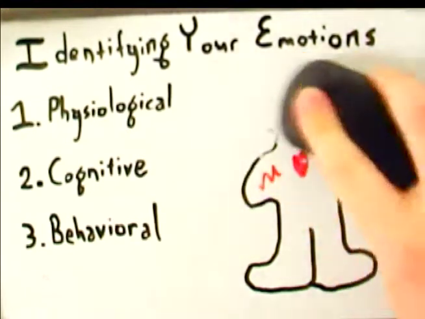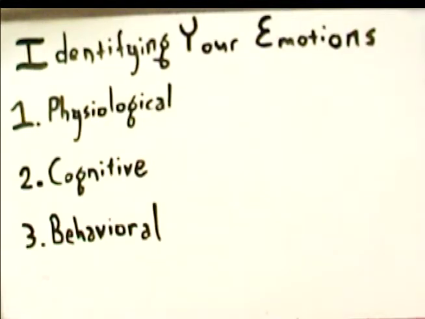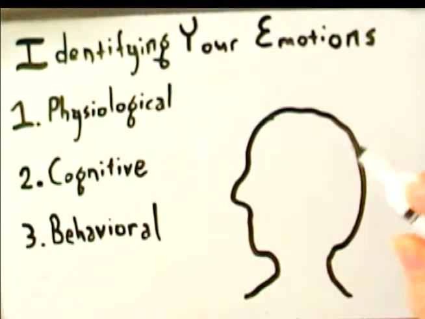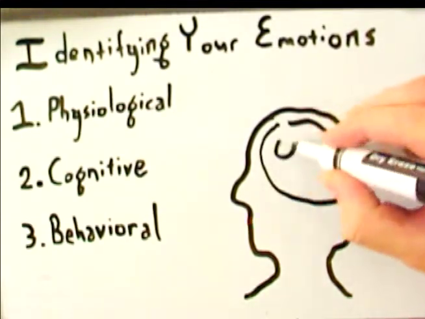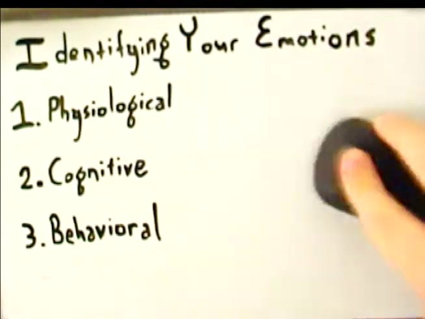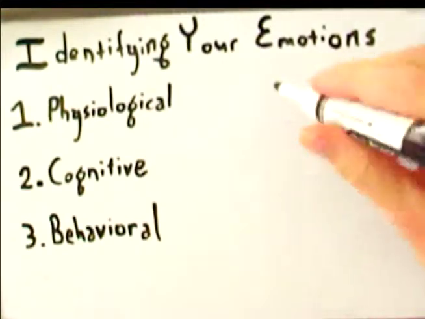Okay, so some cognitive things that we might experience are, let's say we're feeling angry, we might have some thoughts of being aggressive or responding in a very aggressive way to somebody. Some people notice that their thoughts race when they're experiencing anger. Okay, and finally, behavioral responses.